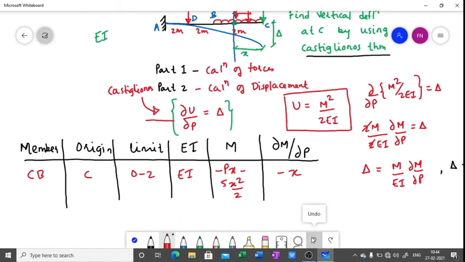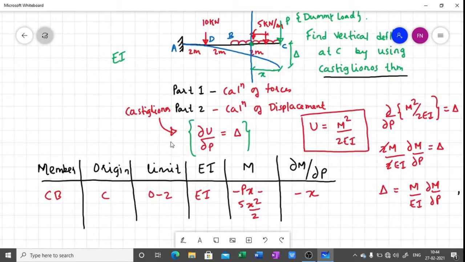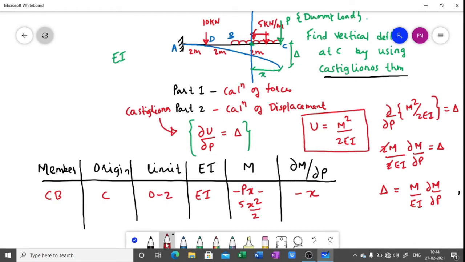The next member is BD. I will take a section in BD and define the origin as B. Distance X will be from B. At this particular point, I want to find the moment, so I have to go from C to the section to find the moment at this particular point.